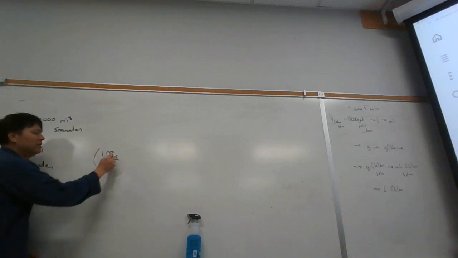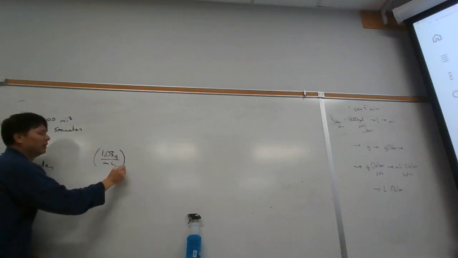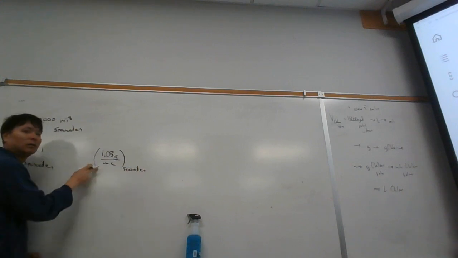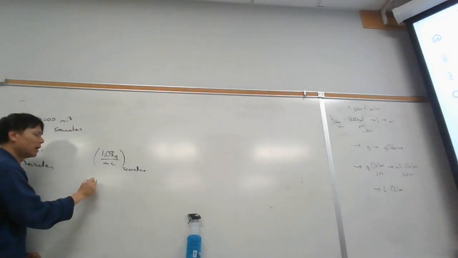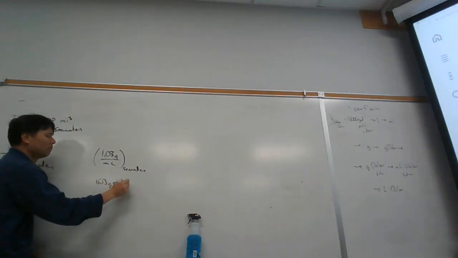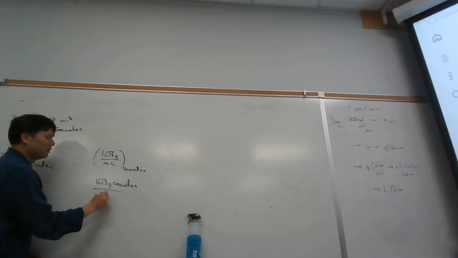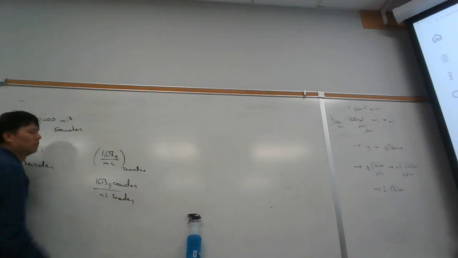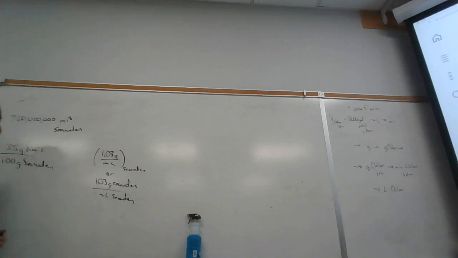For example, 1.03 grams per milliliter of seawater, then I know this only applies to seawater. Or I write it like this, 1.03 grams of seawater per milliliter of seawater, so I can keep track of everything.